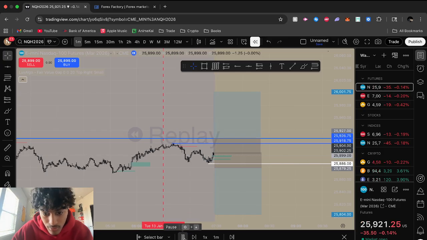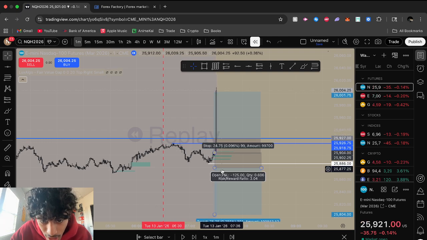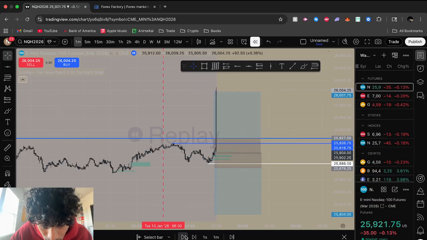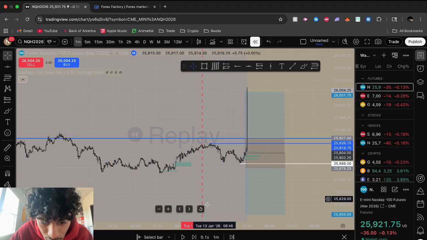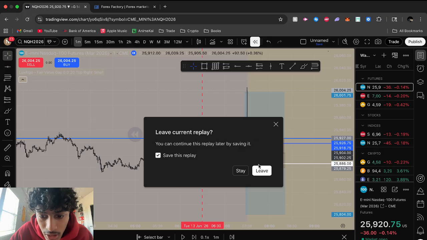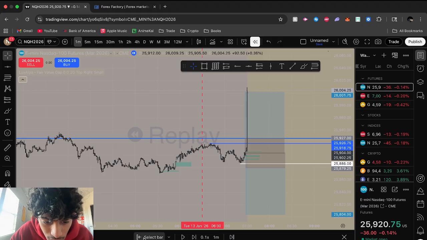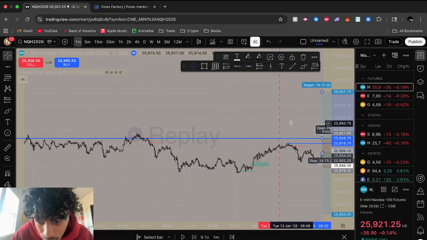So, bang. Yeah, we would have gotten entered right here. I don't know if I could see how the candle plays out. So we go back a little bit. I want to replay from that bar right there.